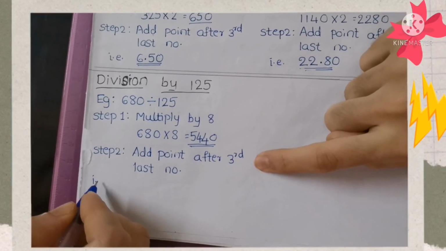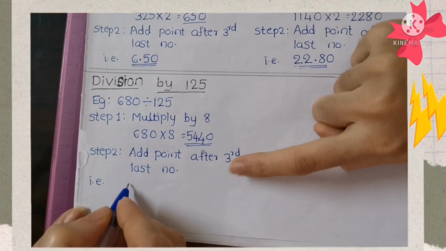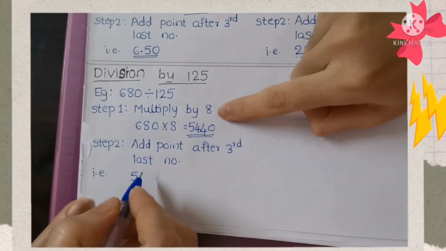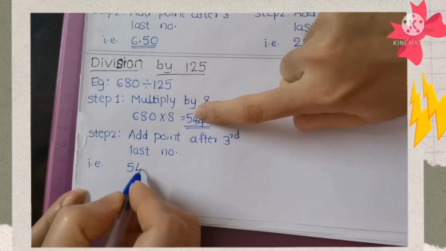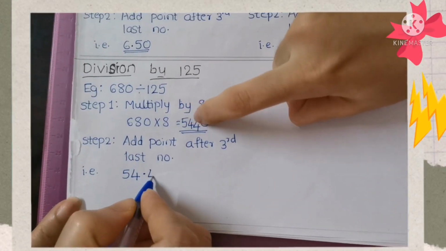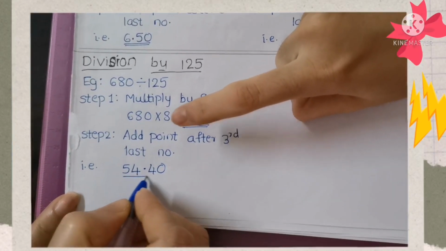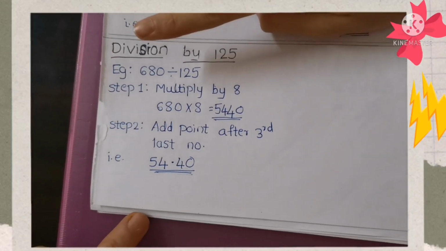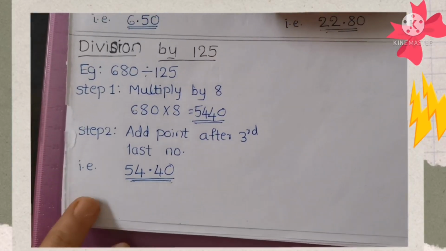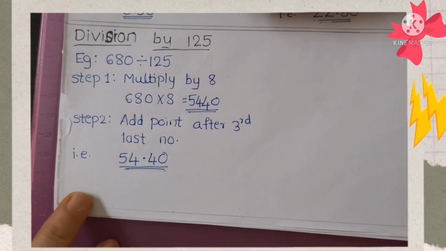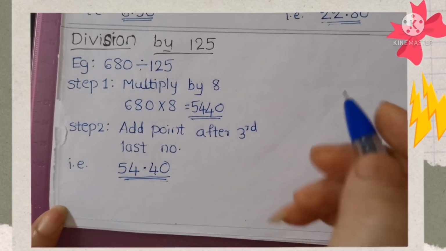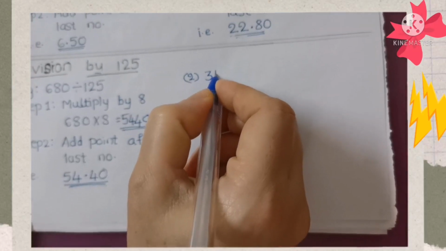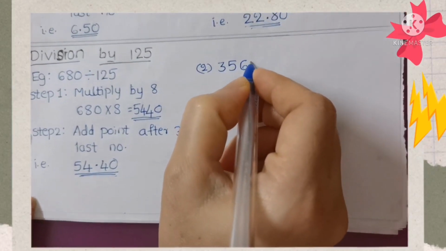We have to add a point after the third last number. So in this, our third last number is 4. We have to add a point after 4, which is also our second number. So our answer of dividing 680 by 125 is 54.40. Let's move on to our example 2.